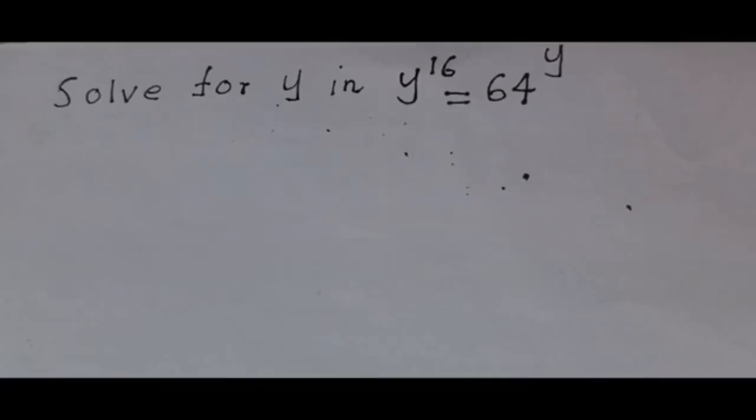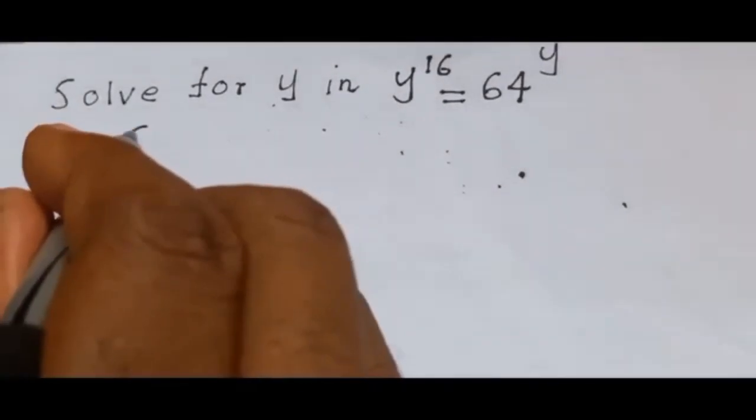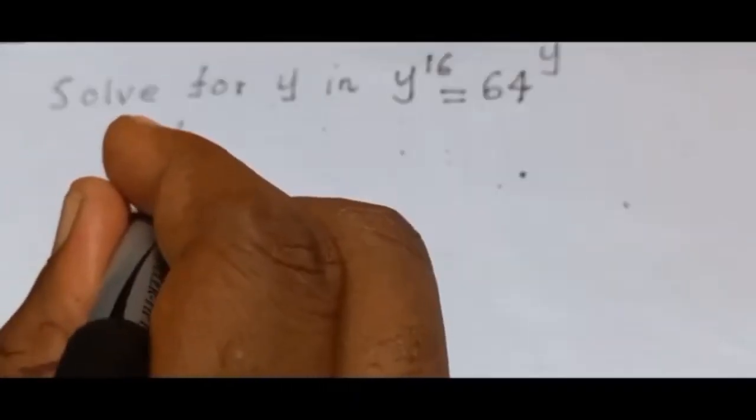Here we have the exponential equation, which is y raised to power 16 equals 64 raised to y. So we are told to solve for y. So let us proceed as follows. Solution.